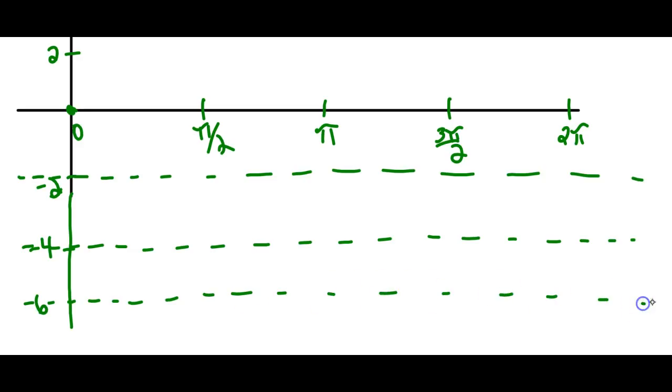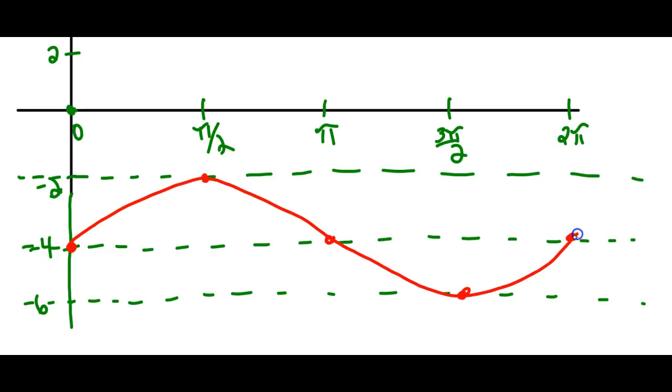So everything got shifted down 4 based on that transformation. And then I'm going to go through and say, okay, normally the sine of 0 is 0, and so that's where this point's going to be. And then I'm going to go up to the middle, down, back up to the middle, and notice here's where it starts to repeat itself, so I can stop there. And then draw your smooth curve. There we go.